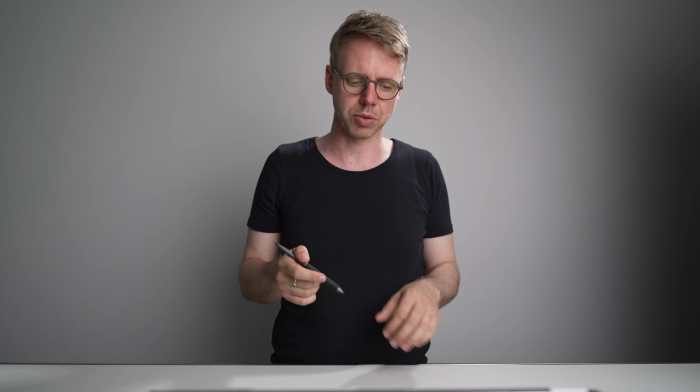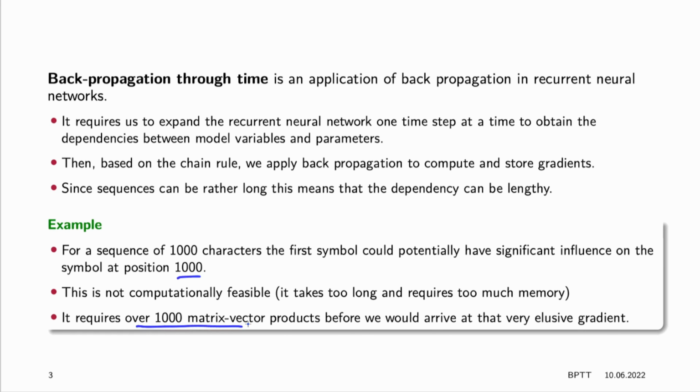Computationally, this becomes infeasible. It just takes too long and requires too much memory to do the computation for our backpropagation algorithm. The computations required, in the forward pass, storing all the intermediate variables, and then in the backward pass, to compute our gradients, also require over 1000 matrix vector products before we arrive at the gradient that we want to compute.